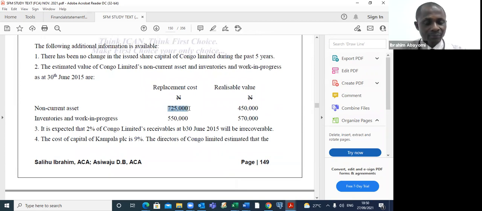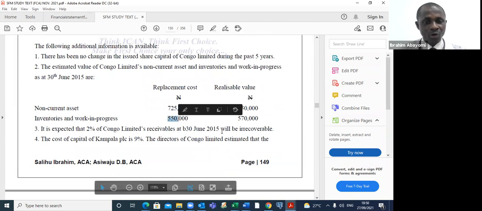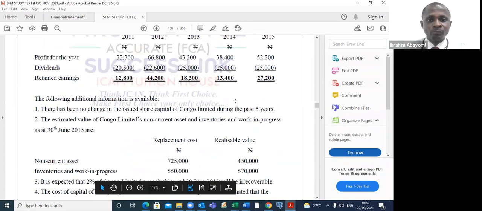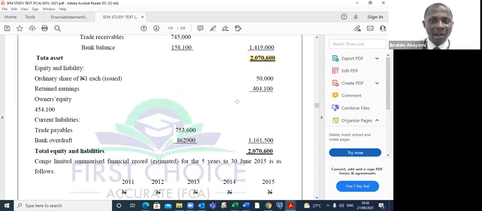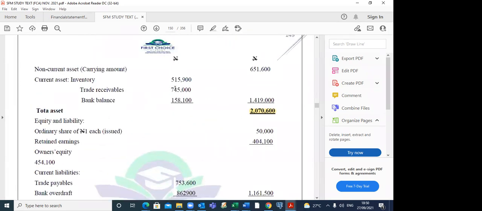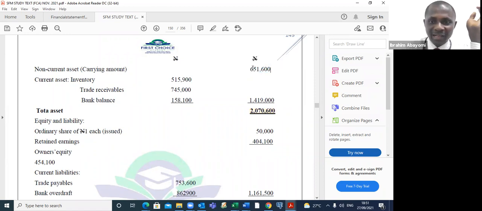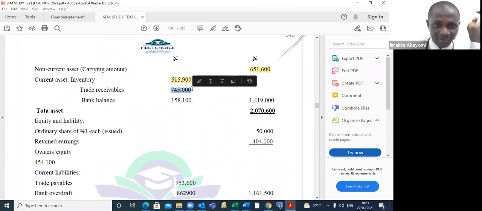So for replacement cost, I will not pick the total again because the total will change now. The ones that have replacement cost, you eliminate them. Add together the ones that do not have a replacement cost.